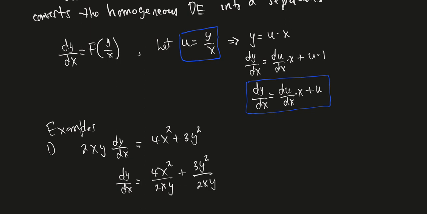And the same thing happens. Now I happen to have a few different constants here, but let's see what happens. The first fraction reduces to 2 times x over y, and the second fraction reduces to 3 halves y over x.